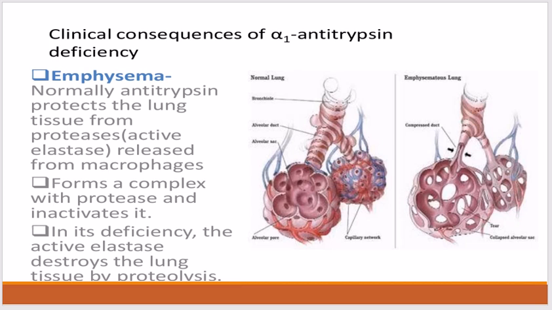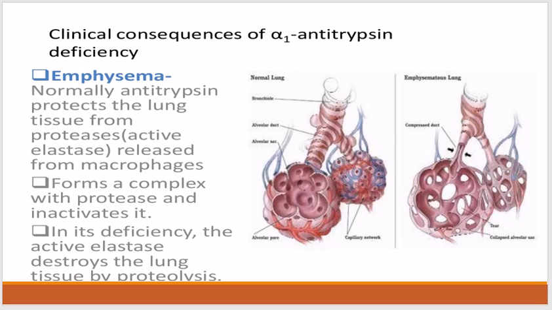Before going to the clinical consequences of alpha 1 antitrypsin, the increase in alpha 1 antitrypsin occurs in response to inflammation due to trauma, burns, infarctions, malignancy, hepatic disorders, in chronic hepatocellular diseases, biliary obstructions, in pregnancy, and in contraceptive medications. The neonates have lower levels than the adults.